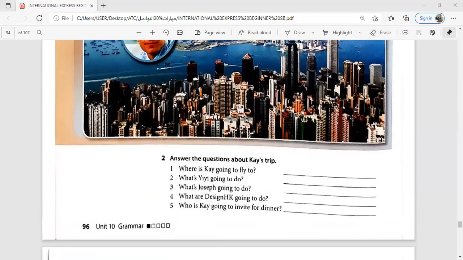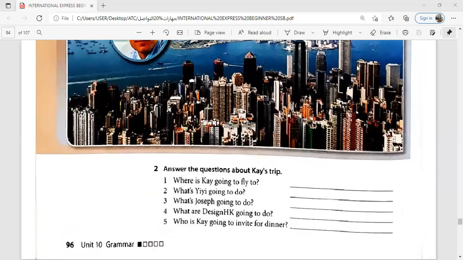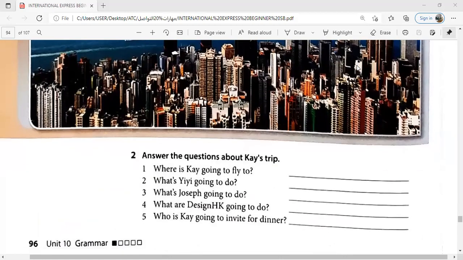Okay, now let's answer the questions about K's trip. Where is K going to fly to? Cathay Pacific. لا, fly to. إلى أين ستسافر؟ هلا اللي بيهمنا أكثر من وجهة السفر هي الإجابة الكاملة.